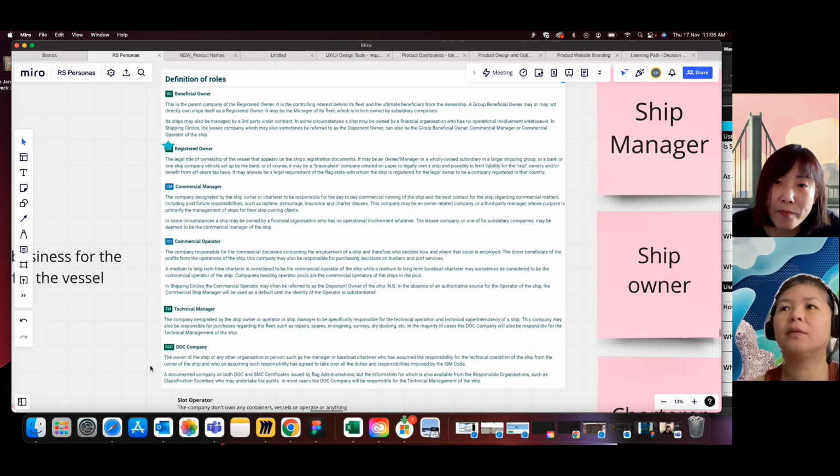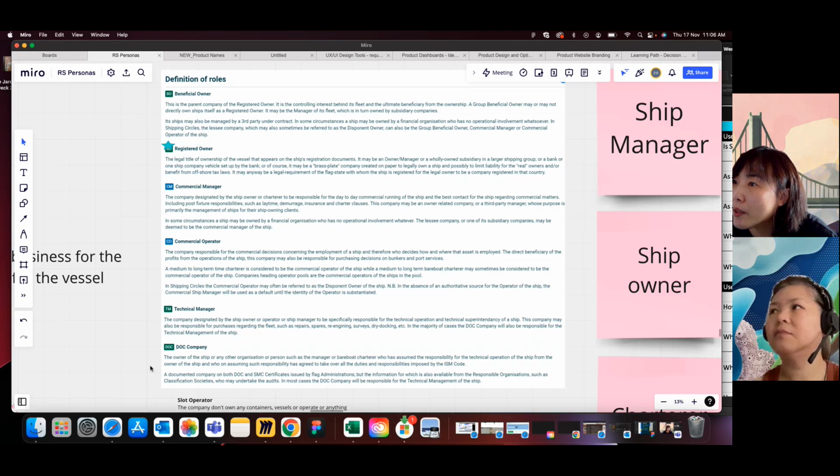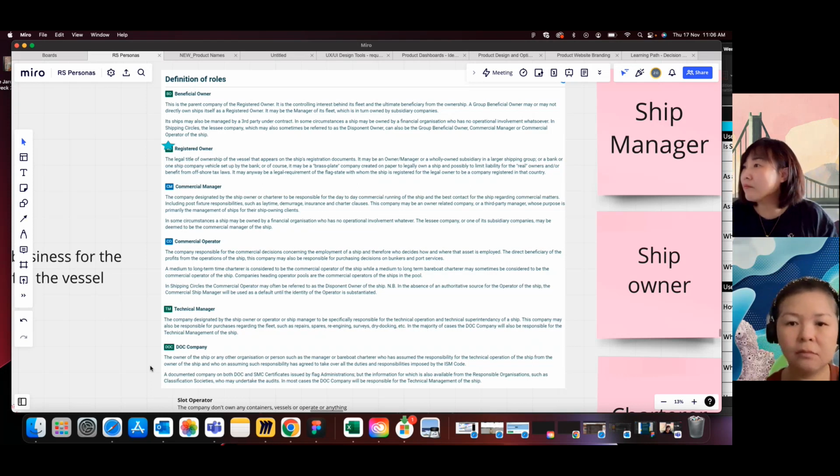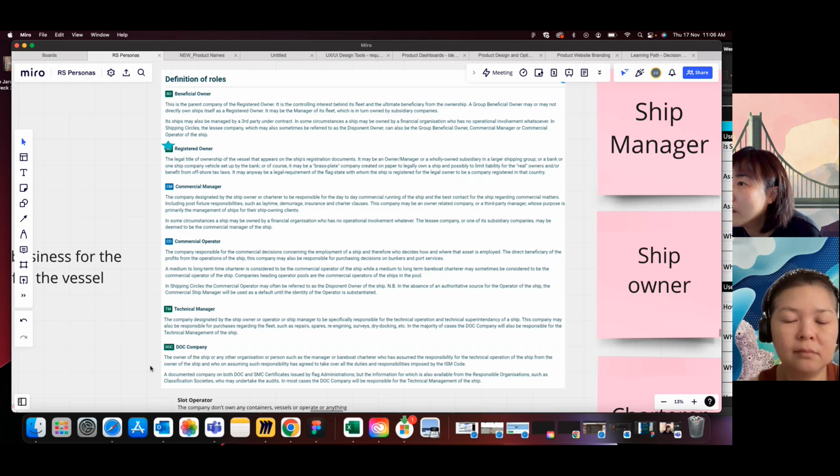Let me read the contents of commercial operator: the commercial decision on employment of the ship, who decides how the ship is employed, for the benefit of the profit and operations of the ship space for service.